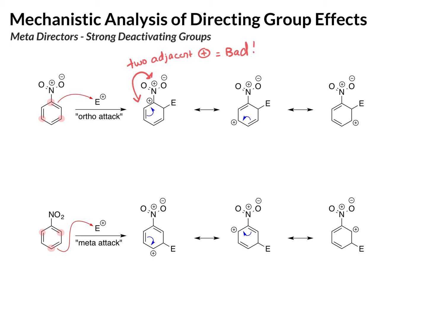So this particular resonance structure right here is what makes the ortho and para pathways so unfavored.